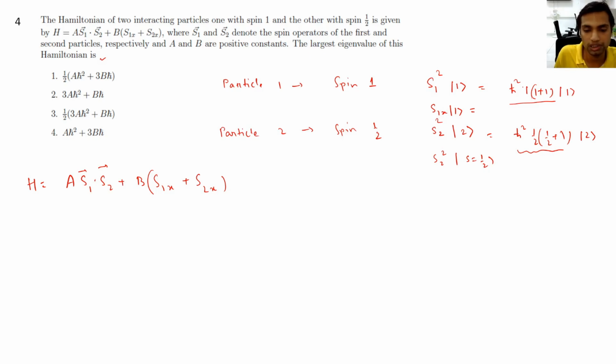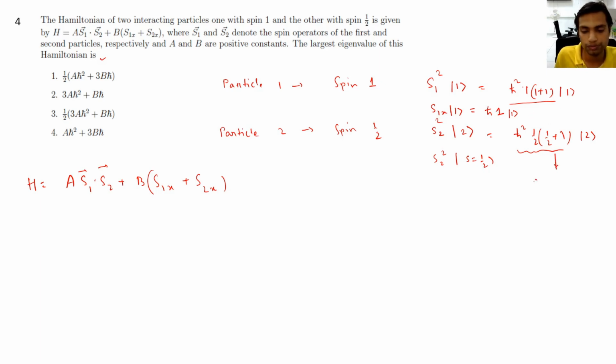Because the total spin is 1, the eigenvalue of this can be h bar times 1, or h bar times 0, or h bar times minus 1. So the 3 possible S1x eigenvalues are 1, 0, minus 1.